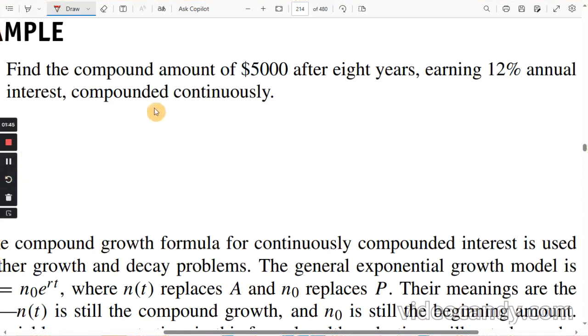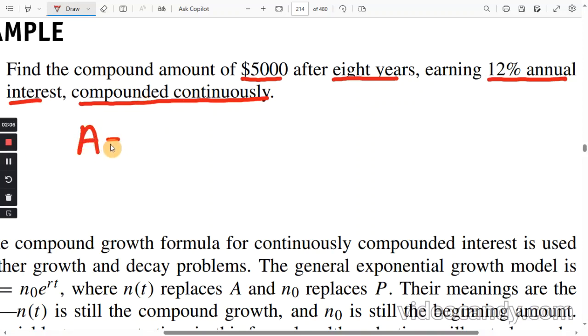All right, so first example, they want us to find a compound amount of $5,000 after 8 years, earning 12% annual interest and compounded continuously. We said that for continuous compounding, A equals Pe to the power of rt.